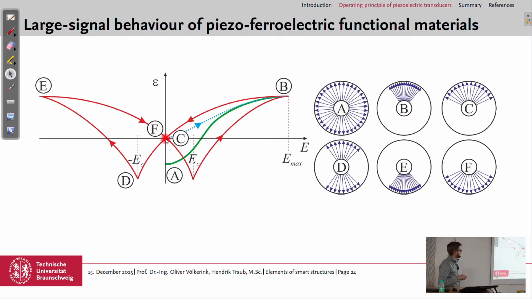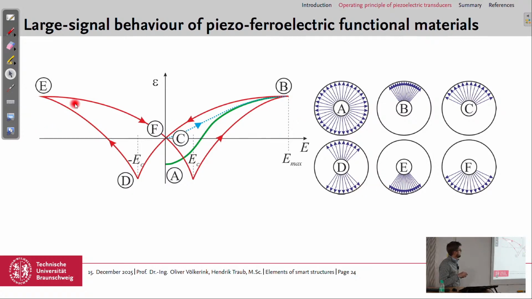And if we then reverse the field again, we have the coercive field strength again, where we lose our polarization, point D again. Then we increase the amount of the field, again going up to point E, which is the opposite of point B. So high polarization, but in the other direction.